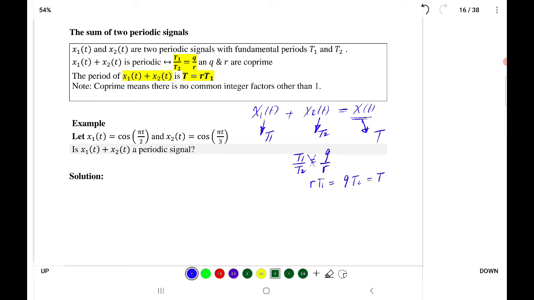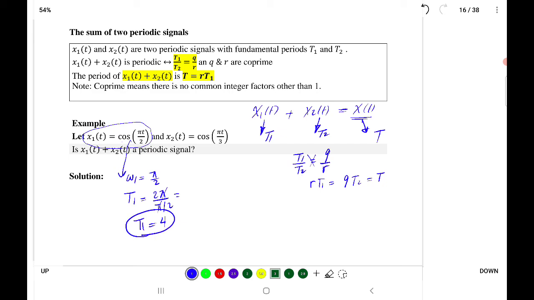Maybe it doesn't look simple, but let's have an example. x1 of t is equal to cosine pi t over 2. Let's find the period here. Omega 1 is equal to pi over 2. So T1 will be 2 pi over omega 1, 2 pi over pi over 2. That will cancel, so 4. So T1 is equal to 4.